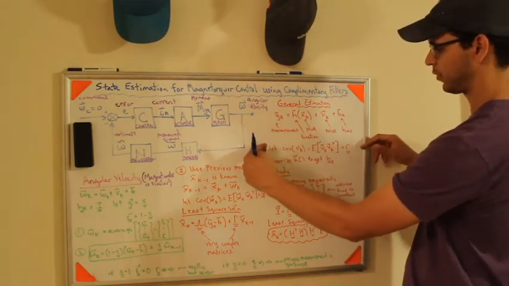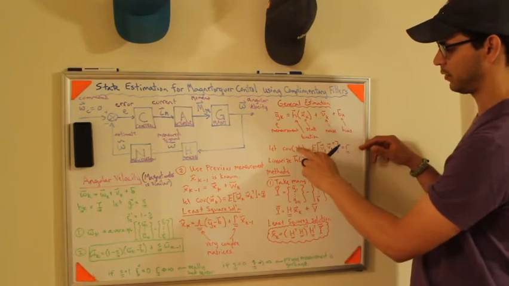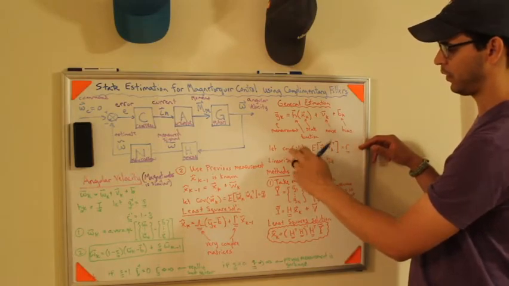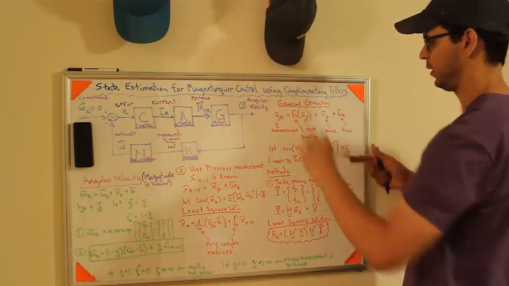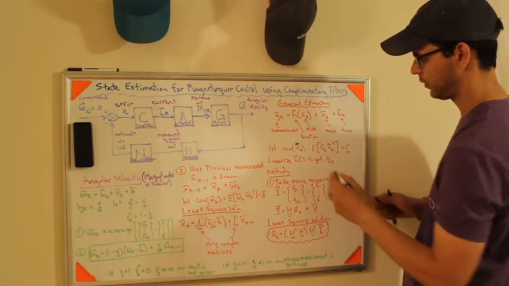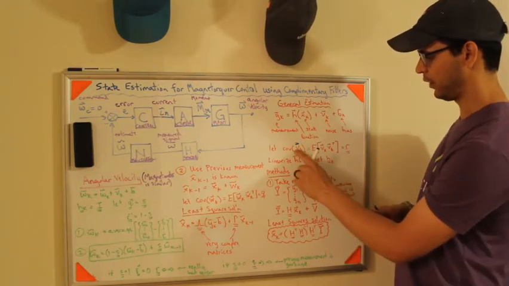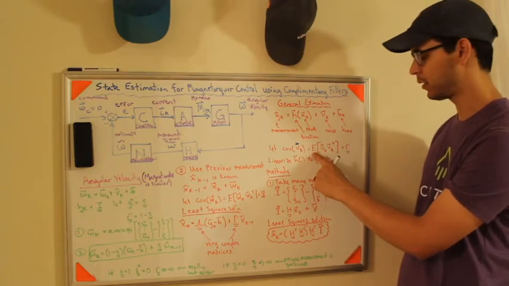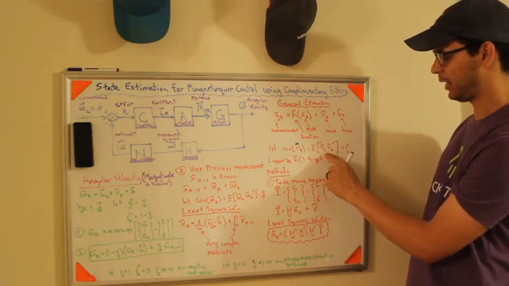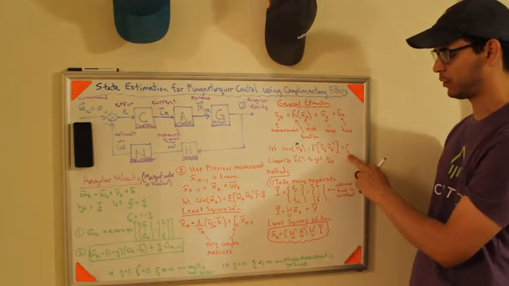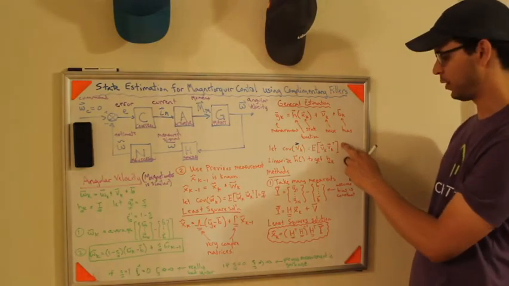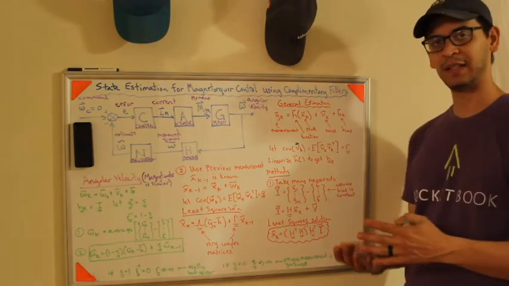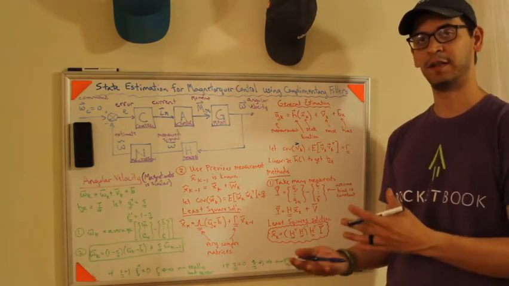If we define some extra things here, this noise vector, we're going to assume that the covariance of the noise vector is equal to, this E is called the expectation operator, v_k times v_k transpose is equal to some matrix R. The matrix R basically tells us how much noise is in the sensor.